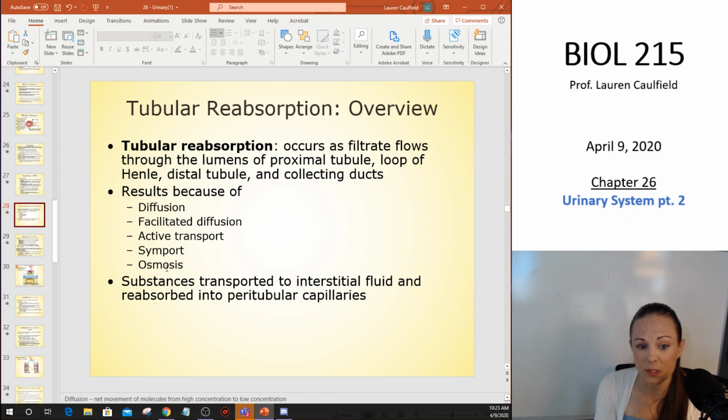And then osmosis, okay, is that movement of water. So as these substances are picked back up from the filtrate, they're transported across that tubular epithelia and then into the interstitial fluid, and then they are moved into the blood capillary to return to circulation.